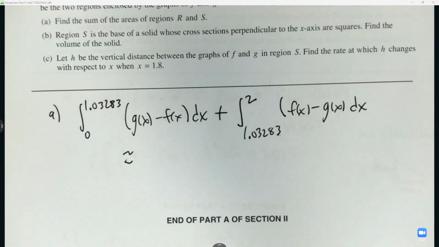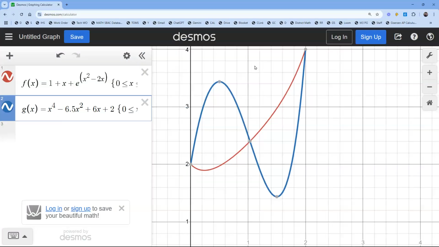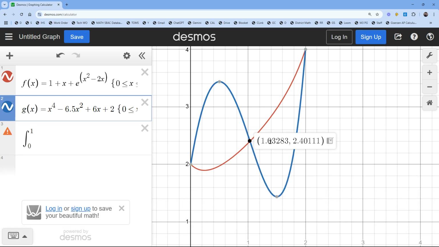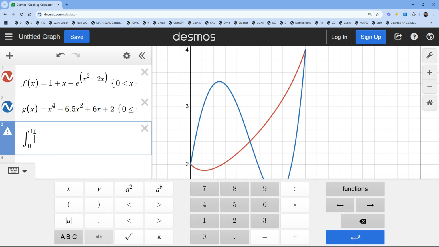So let's go back to Desmos and let's type it in. So press INT and it goes 0 to 1.03283. And because I defined it, I can just go g at x subtract f at x, make it easy, plus another integration sign.